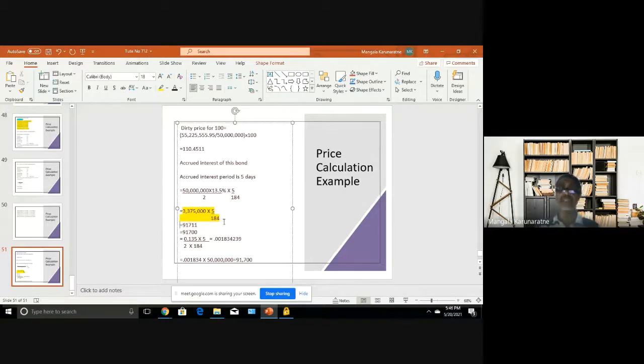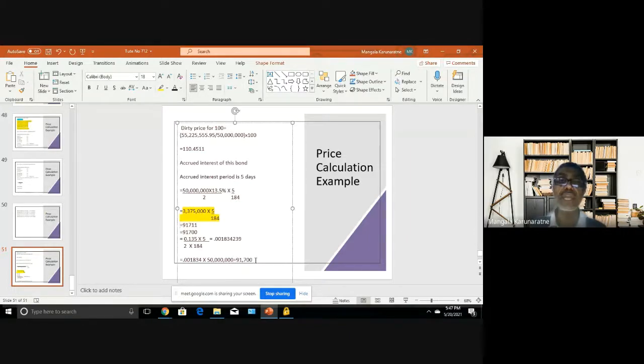So you get 91,711. But without calculating the coupon, what I did in this calculation was I did this part first and got the fraction of this 5 days coupon in decimal places. So I take it for 6 decimals and then multiply it by 50 million.